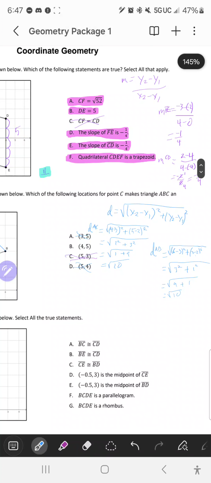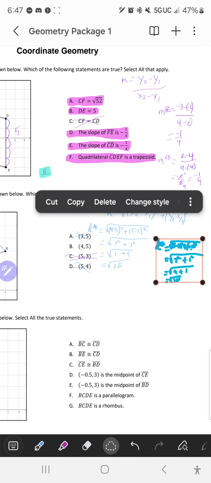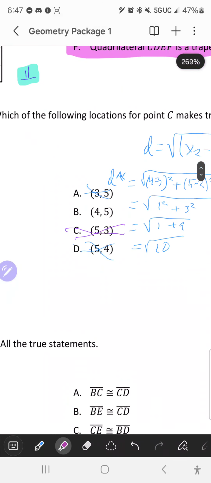And as you can see, the sides are equal, and it's confirmed that the coordinate we want for the point C is 4, comma 5, which is choice B.